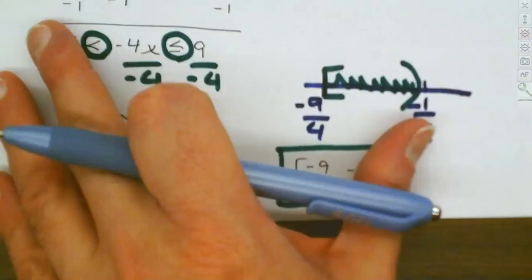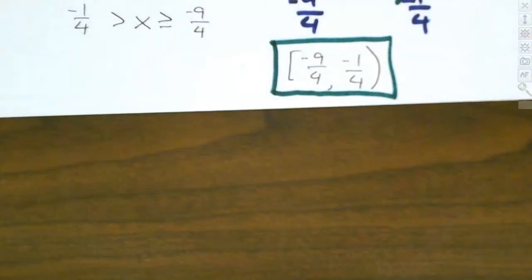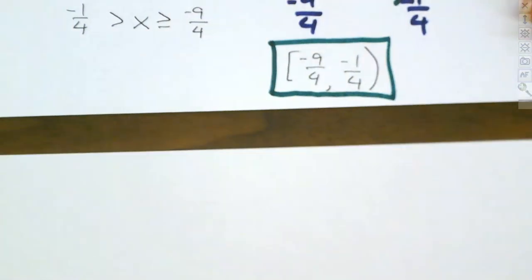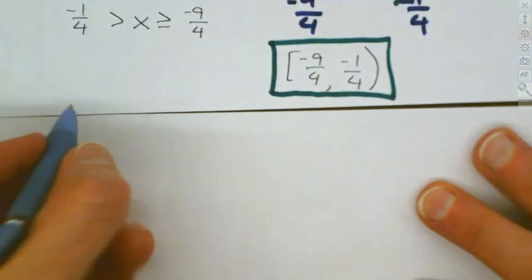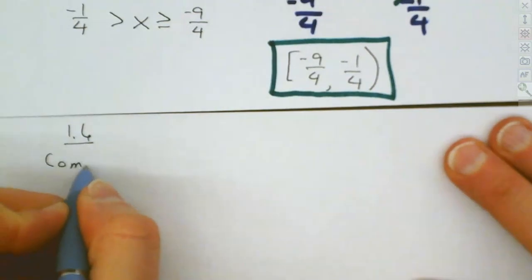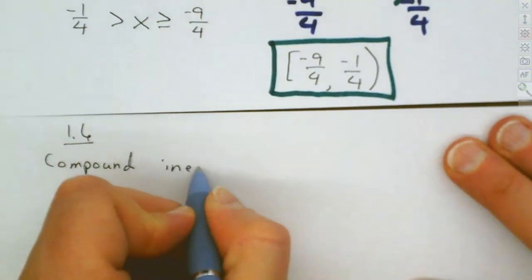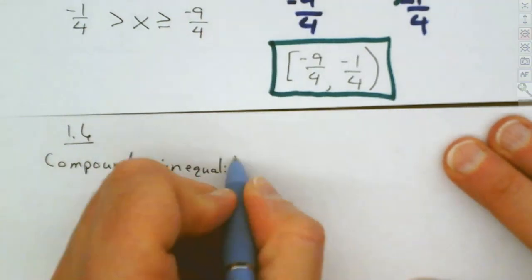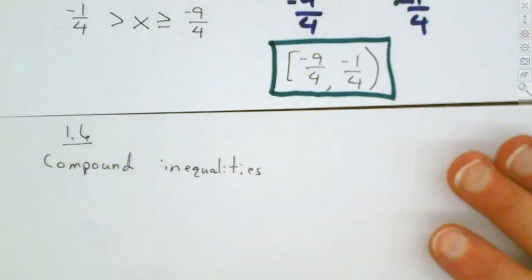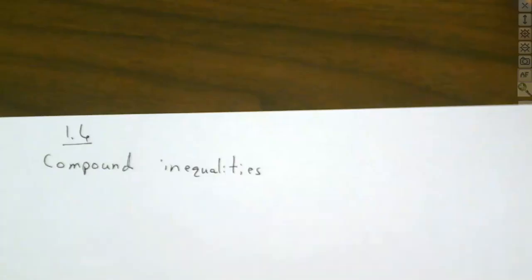And the next section, we're going to be looking at compound inequalities. And this is 1.6. Now, when we talk about compound inequalities, we have to look at ands and ors and what they mean.